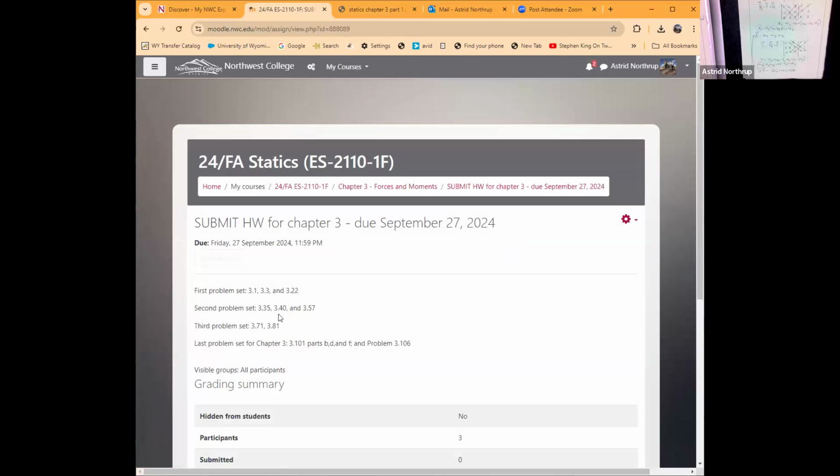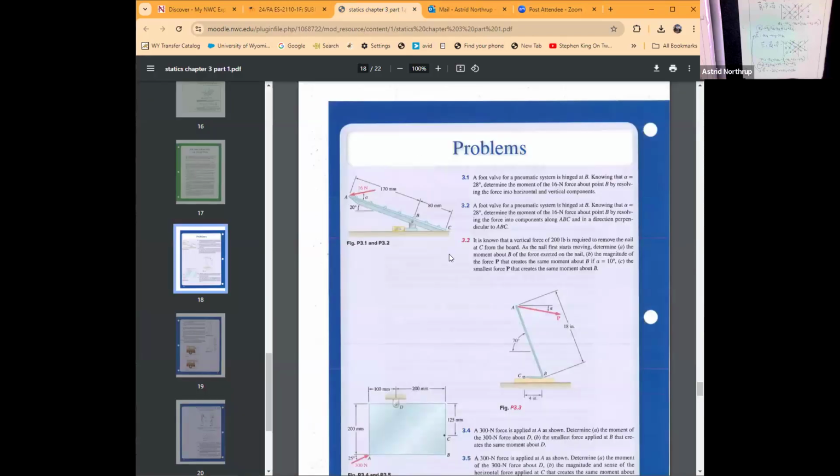Okay, the first homework set is 3.1, 3.3, and 3.22. So I already kind of talked about a lever. Let's look at 3.1. This is a foot valve. Even though it looks kind of long, what we're talking about is like an accelerator pedal.